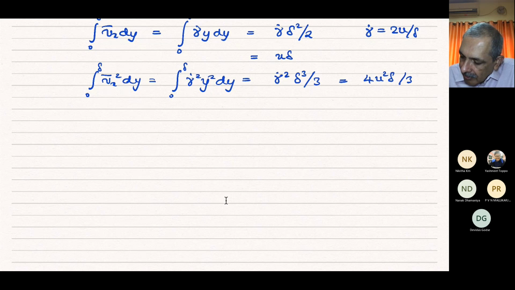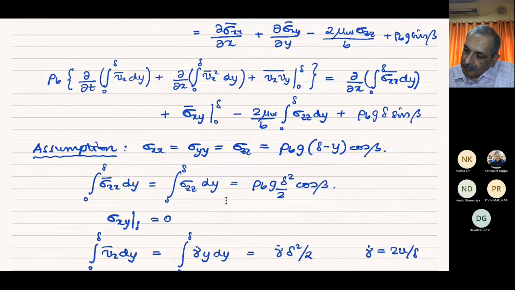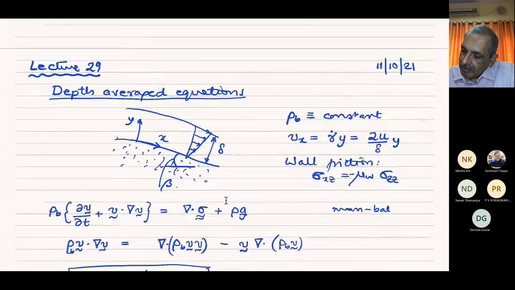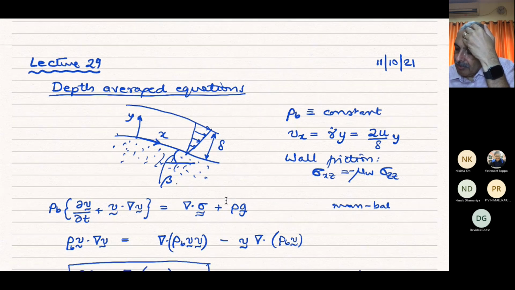So if we look at the Vx Vy average integral evaluated between 0 and delta, now at y equal to delta, the velocity Vy will be equal to 0, and at y equal to 0, you see here Vx is equal to 0.